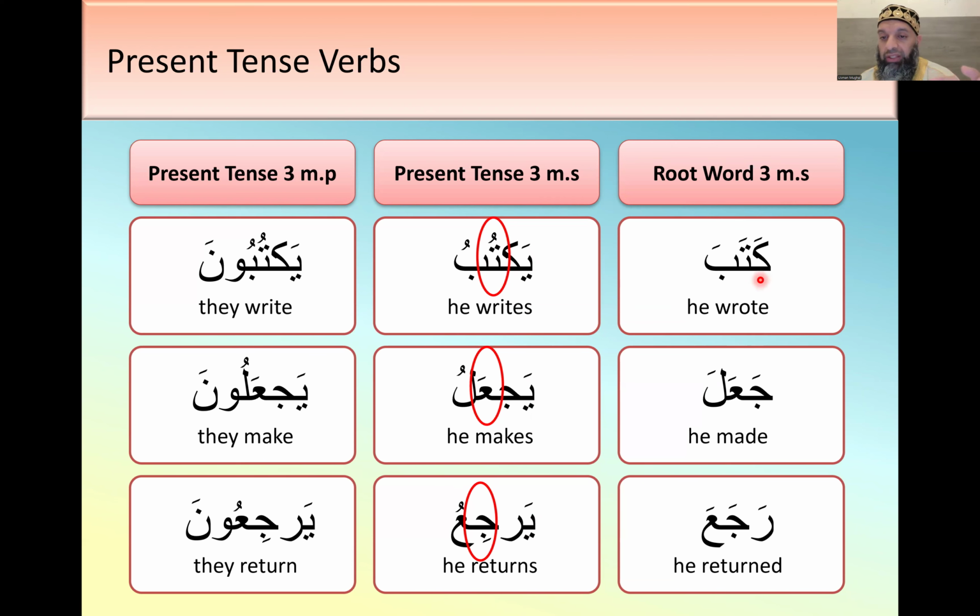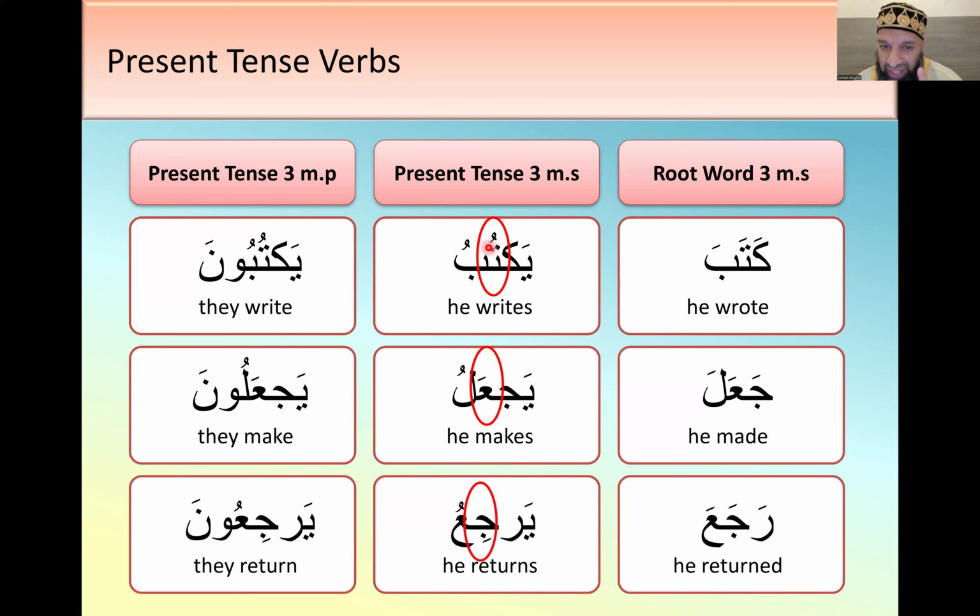If you look at kataba, katabtu, katabtum, katabtuma, you are adding something at the end. The root word beginning was kept the same. That shows you it's past tense verb. These are present tense because you're adding a letter in front of the root word. Why does ya mean he? We'll go through that inshallah a bit later.